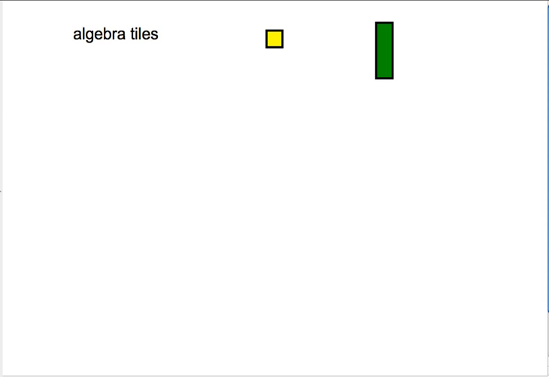So let's say we wanted to show something like x plus 2. And let's say a green rectangle equals x here, and this yellow square equals 1. So what we can do to show x plus 2 as a model, we can say, well, we have an x, and we have 2 ones. So this would be x plus 2.